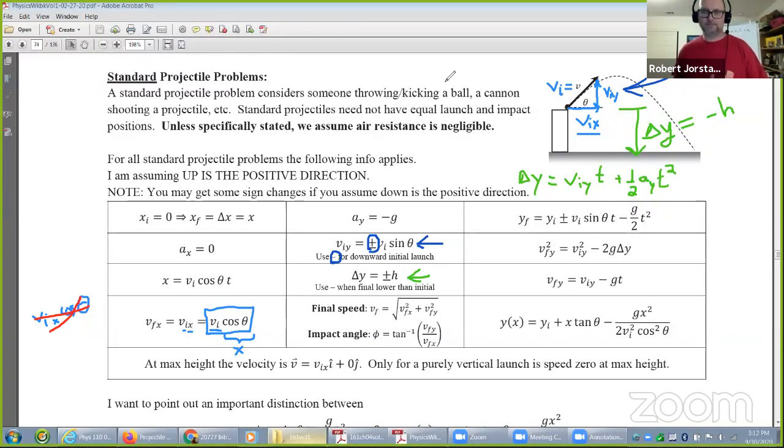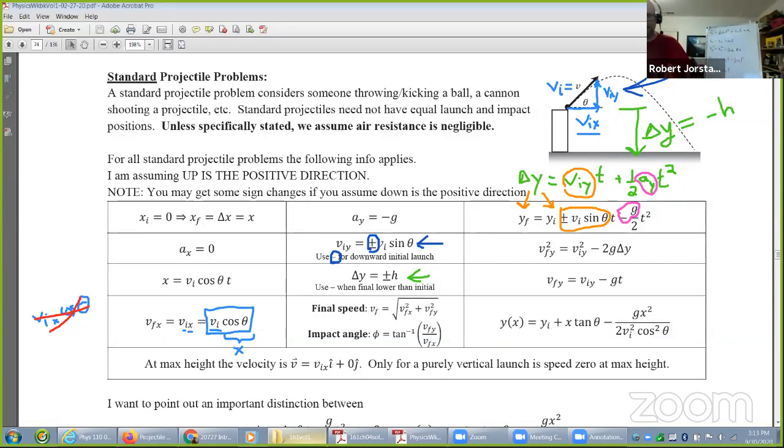Make sure you feel good about it. This, when I split it out, I just move the y initial over. V initial y right here is that. And A sub y is this negative g.